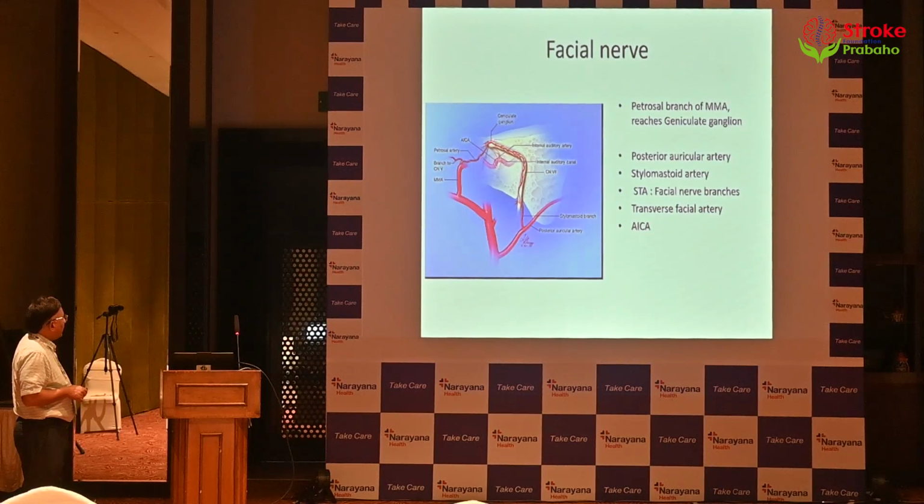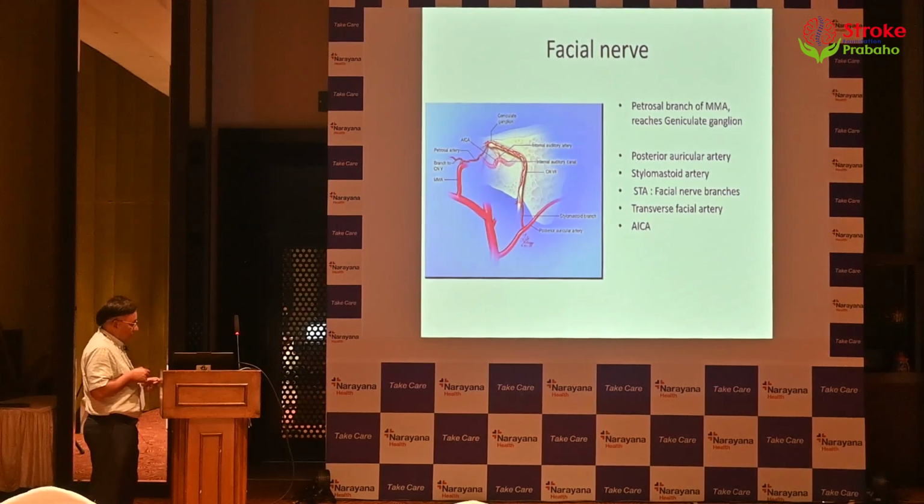But this geniculate ganglia is also supplied by the posterior auricular artery, which is the stylomastoid branch of the occipital artery, facial artery, and as well as by the ICA. So it has a very rich supply from the various segments. We know that the ICA supplies the seventh and eighth cranial nerve.